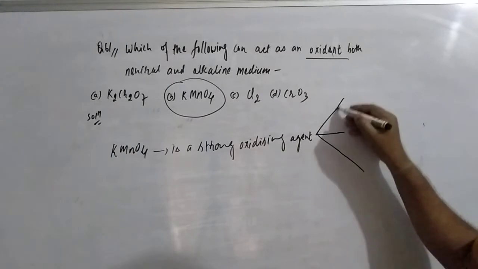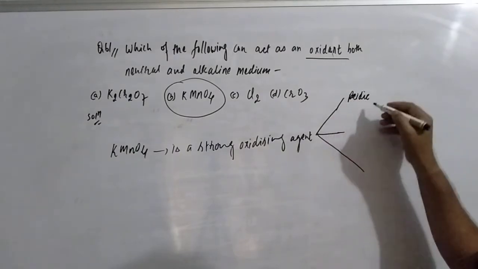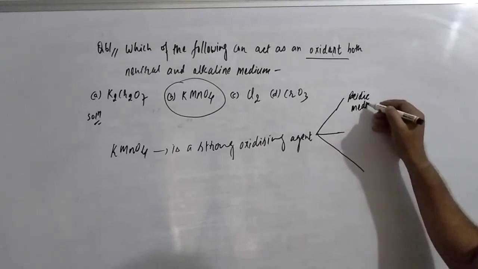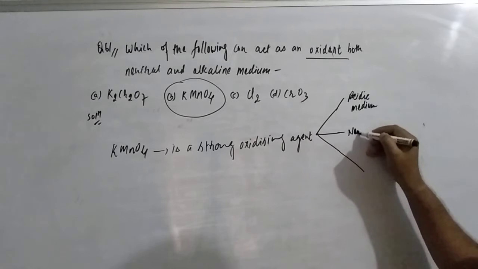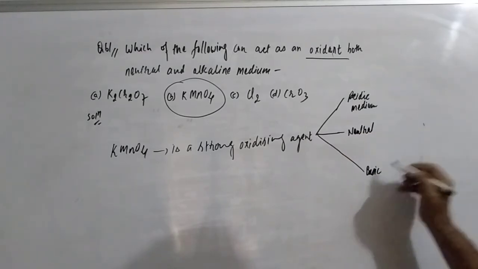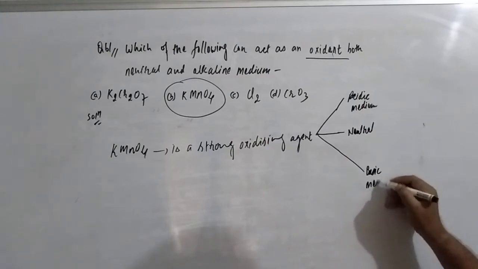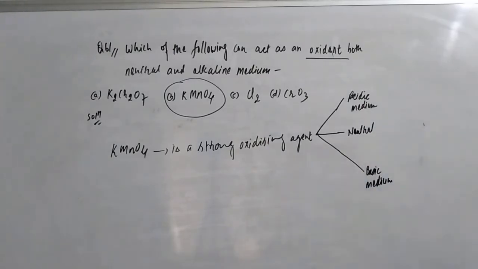Whatever the medium you take, suppose you are taking acidic medium, in acidic medium also it will act as an oxidant. In neutral medium also it will act as an oxidant, and in basic medium also it acts as an oxidant. So in all media it will act as an oxidant, but it will give different products.